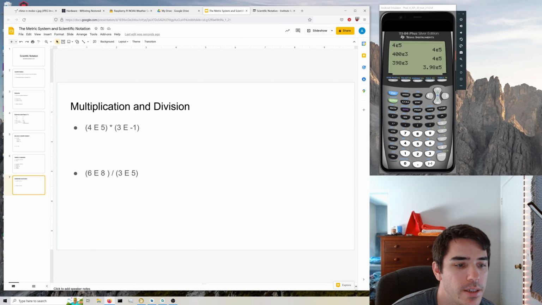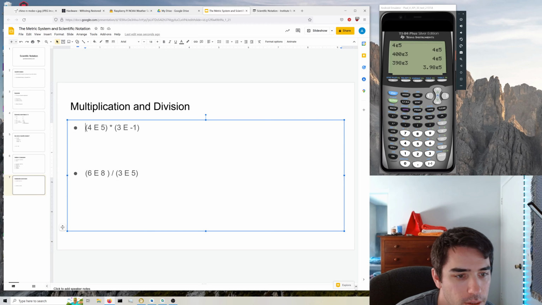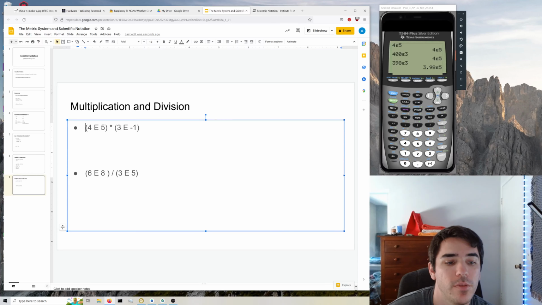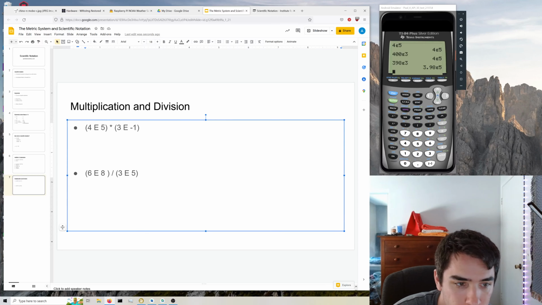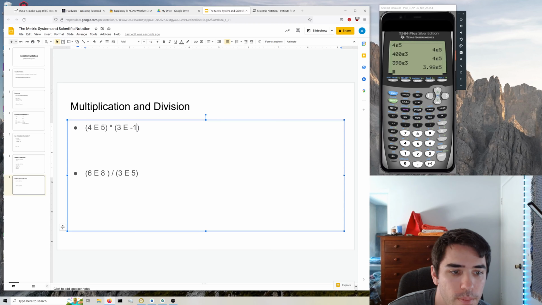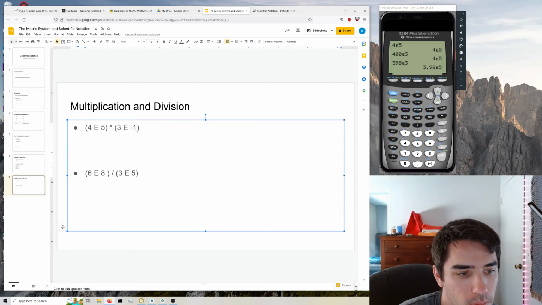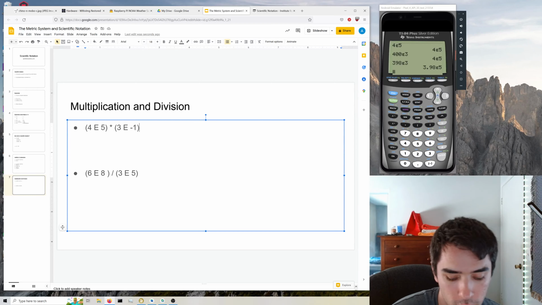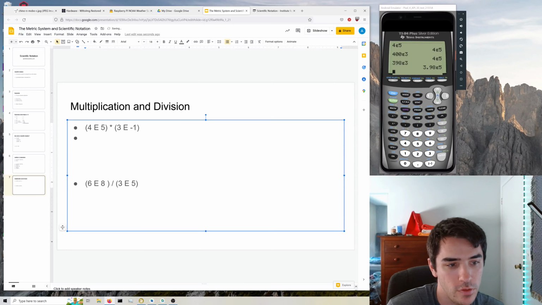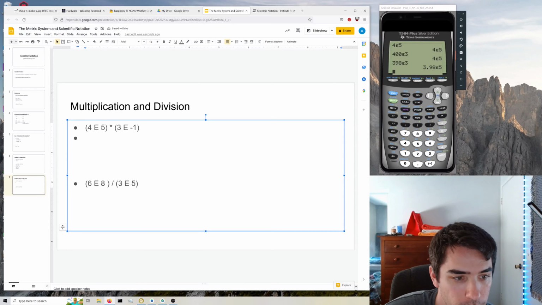And then finally, I'm going to do a multiplication and a division problem in scientific notation. So 4e5 times 3e negative 1. You'll notice that in this case, the exponents are not the same, but we're doing multiplication, you have to remember. In multiplication, you multiply the 4 and the 3, so that's 12.